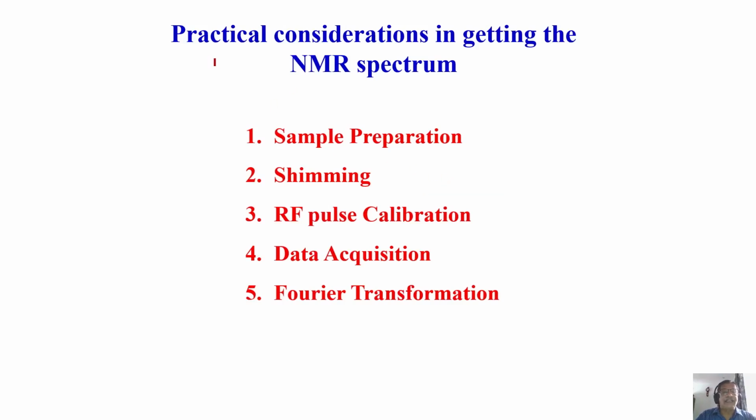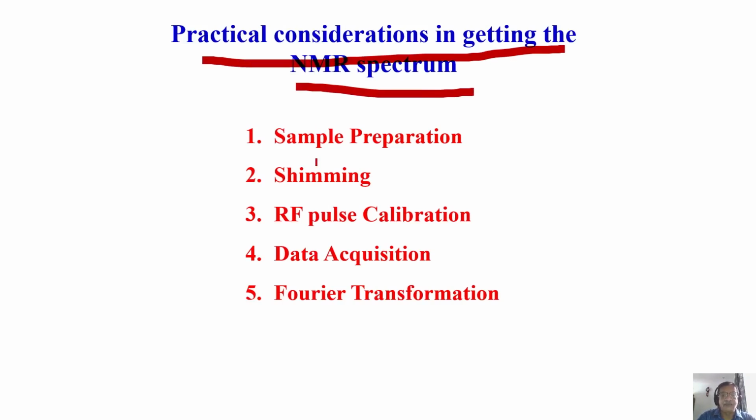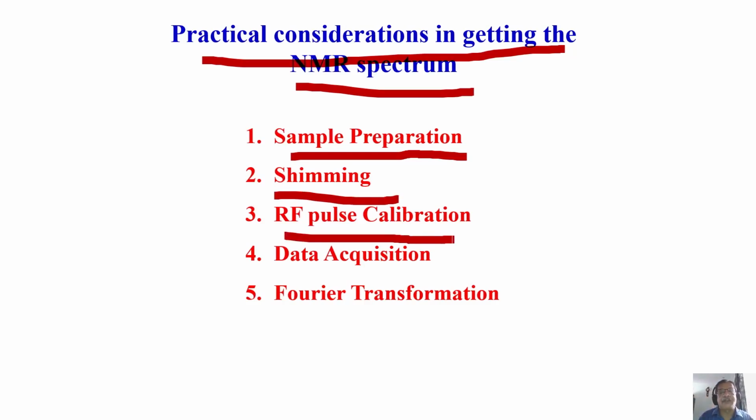As far as the practical considerations in getting the NMR spectra are concerned, first we should know about sample preparation, shimming of the magnetic field to get very good homogeneity, calibration of pulses for appropriate degrees.